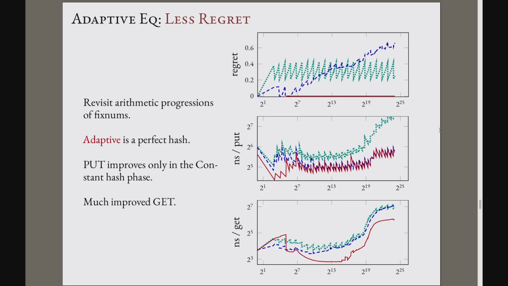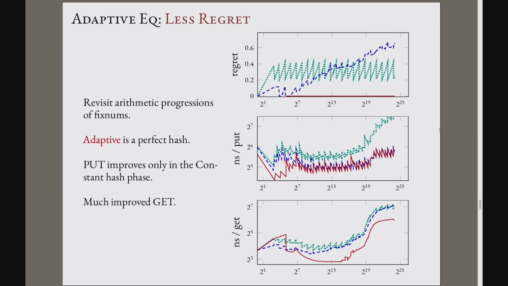Does that translate into performance improvement on insertions? Not really. Like in the constant hash phase, yes. After that, no, because prefuzz is terrible, but it gets away with it because collisions are between neighboring keys. So it doesn't have to pay the price on current CPUs.